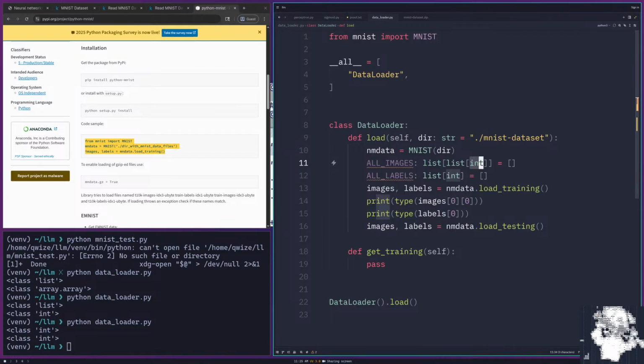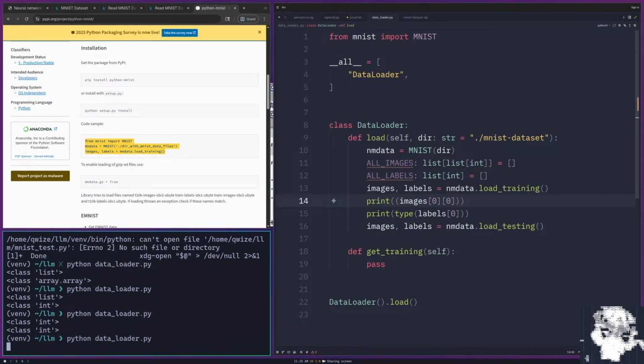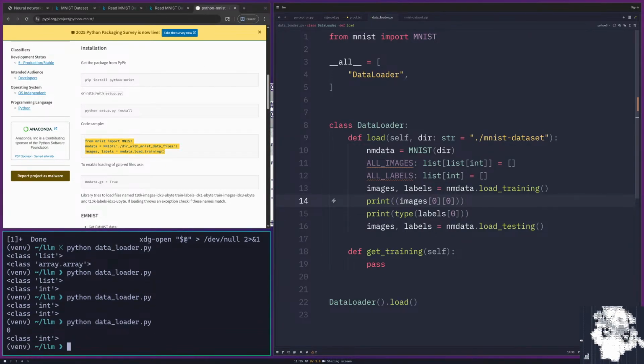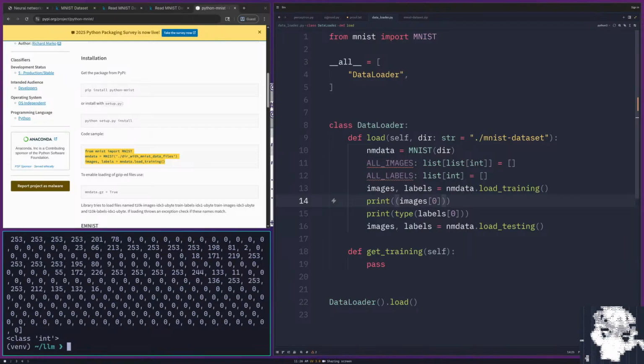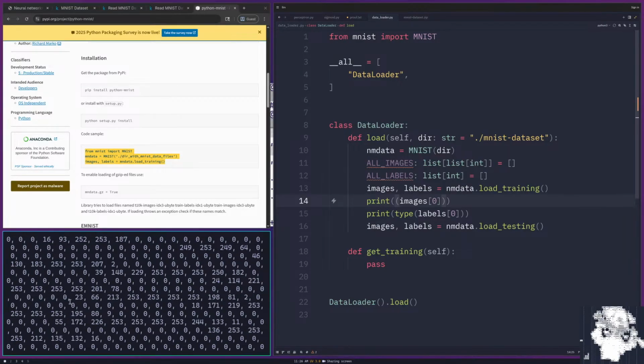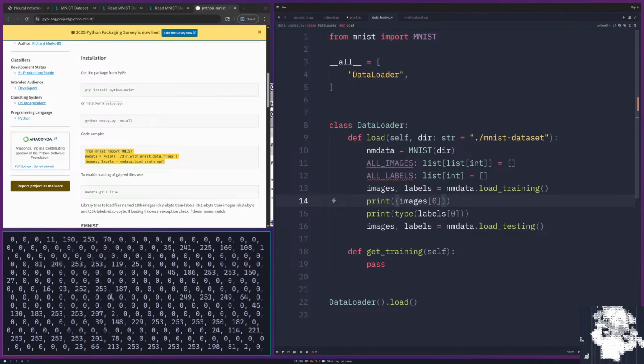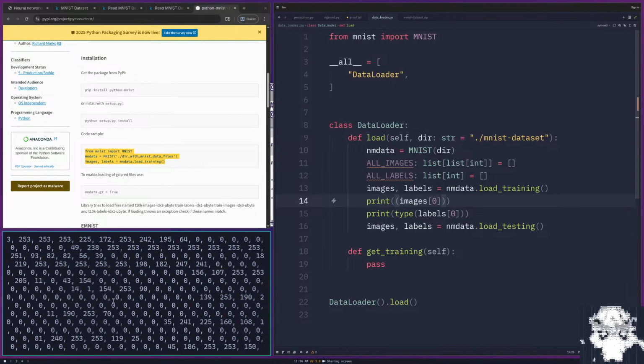Are they black and white? Maybe they're black and white. What if you print me the first image? What does it look like? Or wait, this would be the first image. Oh, it's grayscale from 0 to 255 or 256. Okay.